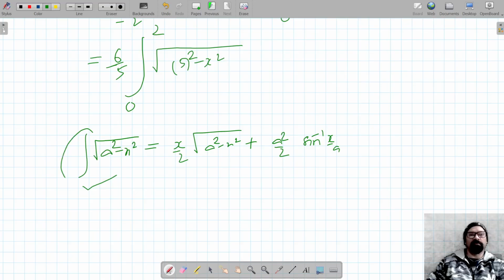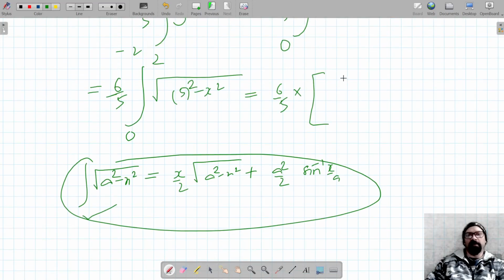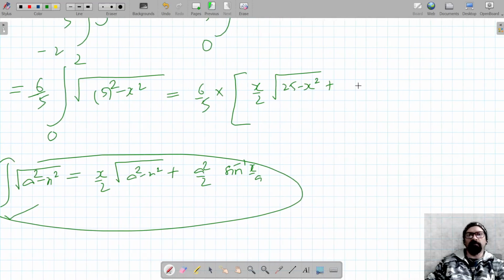So let's use this identity here: 6/5 is out, into x/2 times the square root of 25 - x² plus 25/2 sine inverse of x/5, from 0 to 2.